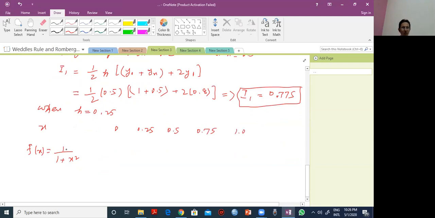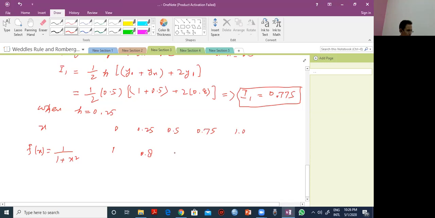When we put 1 upon 1 plus 0, it is 1. When x is 0.25, it is 0.9412. At 0.5, it is 0.8.